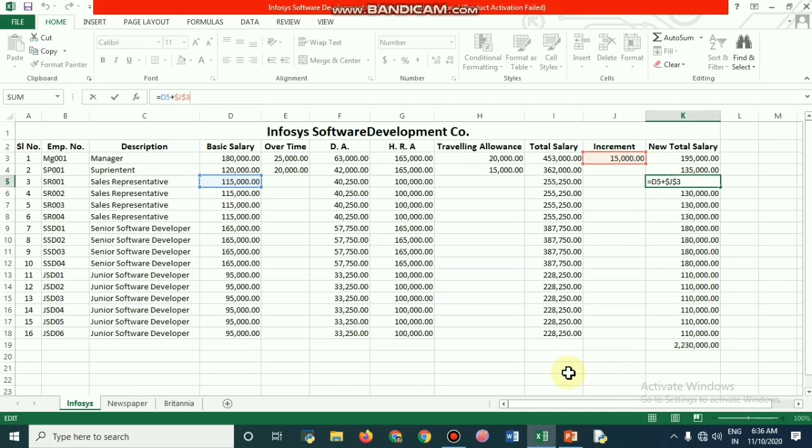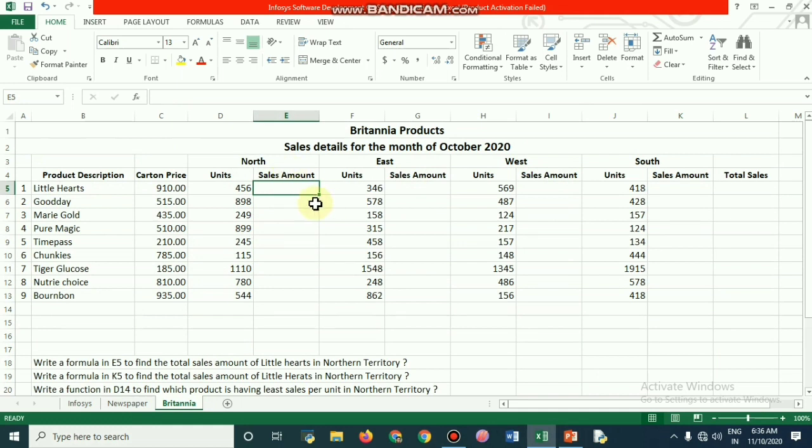This is known as absolute cell referencing. But in the usual case, in the Britannia products, etc., if you put a formula here equal to price into quantity, enter, and if you copy it down, the value fills up here, and you will get the total sales of all the products.